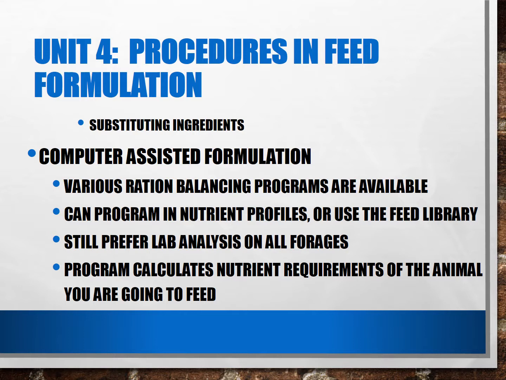Understand that substituting different ingredients changes the diet potentially, and you can't always just substitute pound for pound. So it needs to be readjusted, rebalanced, and rechecked to make sure that all of your ration and nutrient needs are met.